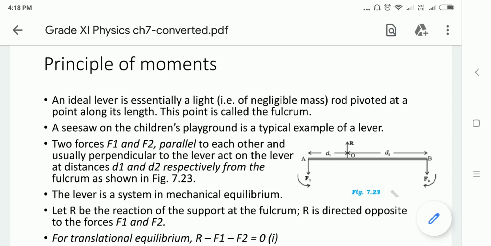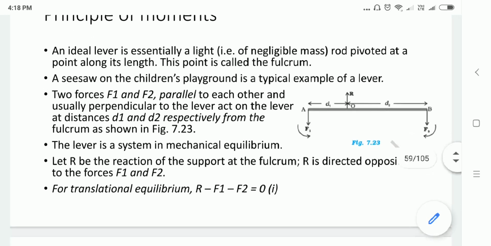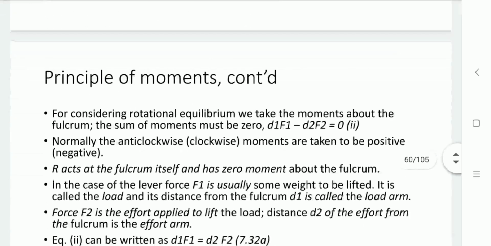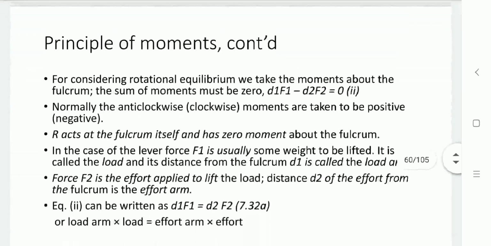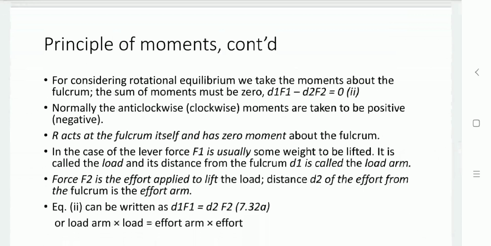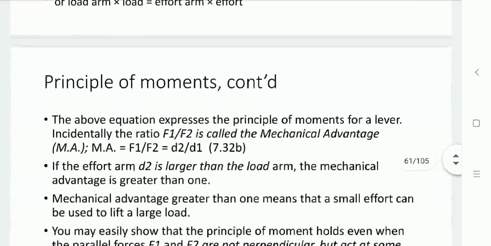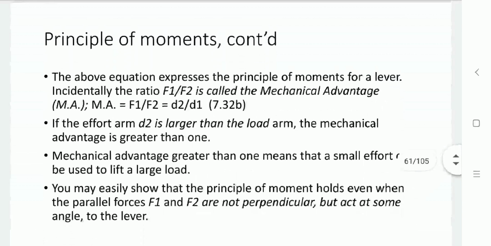Based on equation 2, we can say that d1 F1 equals d2 F2, that is, load arm times load equals effort arm times effort. This is how the relation is defined for the lever based on force and distance. This equation expresses the principle of moments for a lever.